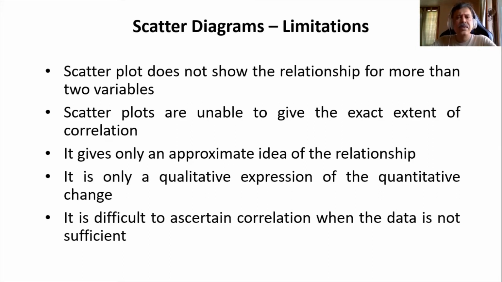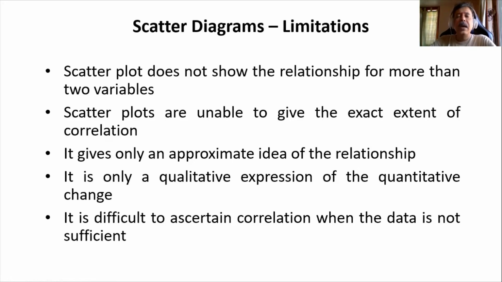Whatever it is, you cannot say exactly the extent of it. So you can only say whether it is positively correlated or negatively correlated or associated or dissociated, that much only. So it gives only an approximate idea of the relationship. Means it is only a qualitative expression of a quantitative change.